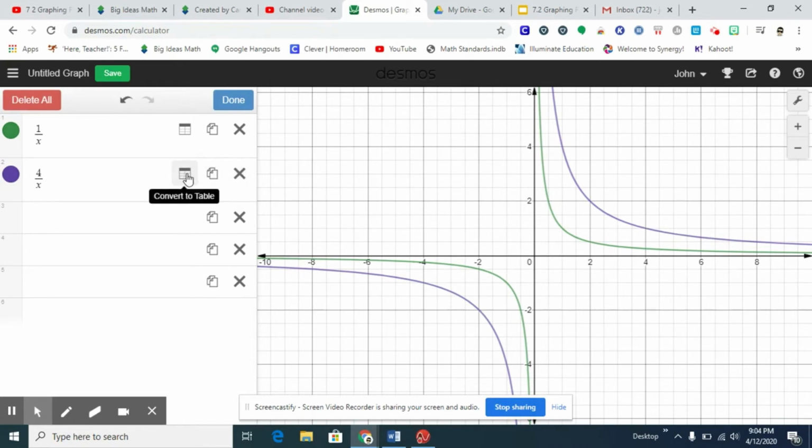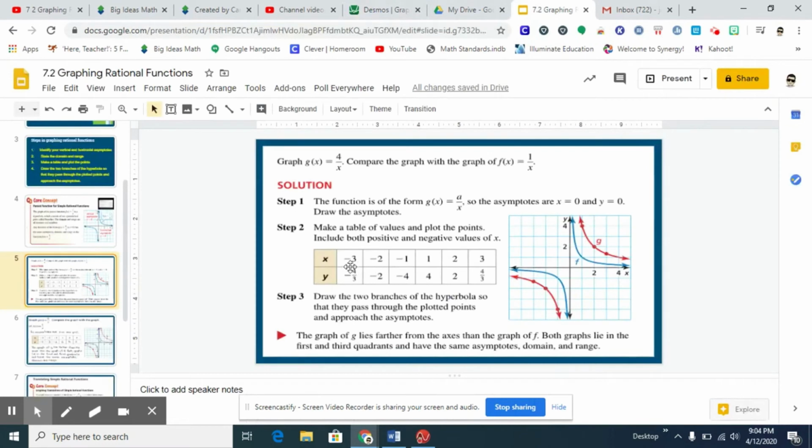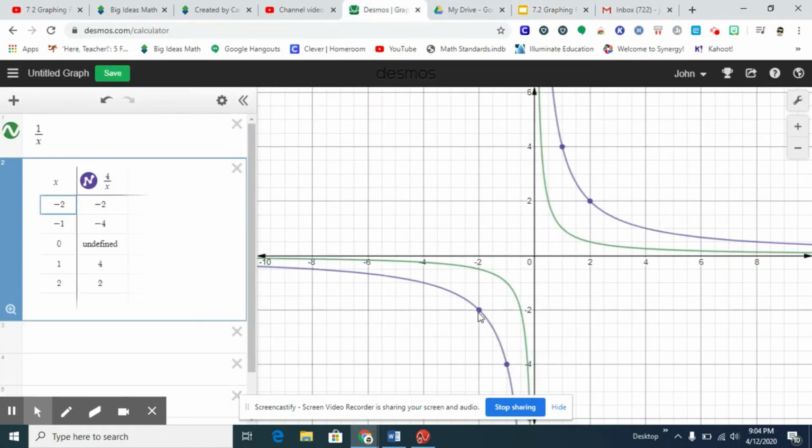You would hit the table. So you are now converting that function into a table. So there's your table. All you need to do now is copy it and you're good. So you would just write your table in here. You just copy that. After copying, plot your points, same as this. So these are your plotted points.